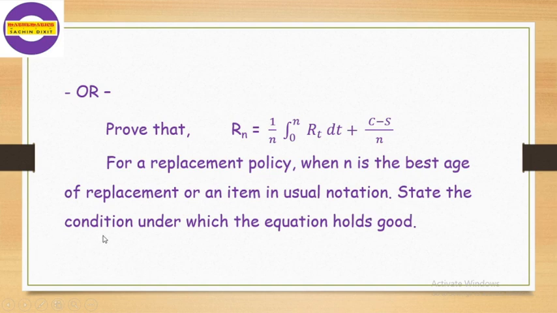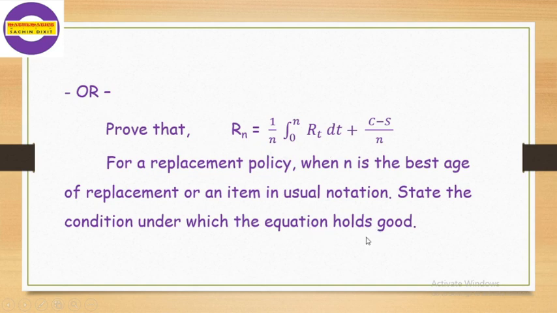State the conditions under which the equation holds good. This Rn is the maintenance cost at the nth year, and this formula is nothing but the average maintenance cost up to n years, and they are equal. Now how is it? We have to derive this.